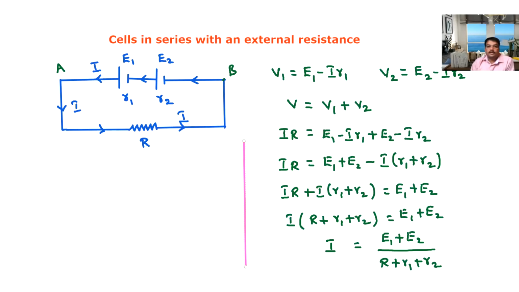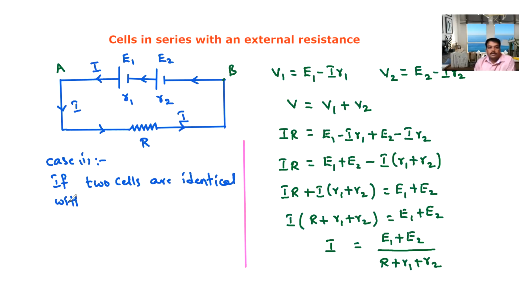Now this can be modified for a special case. If the two cells are identical, with internal resistance R, the formula modifies.